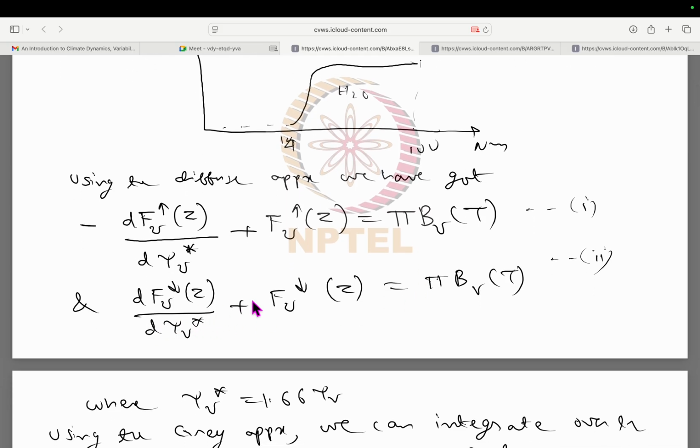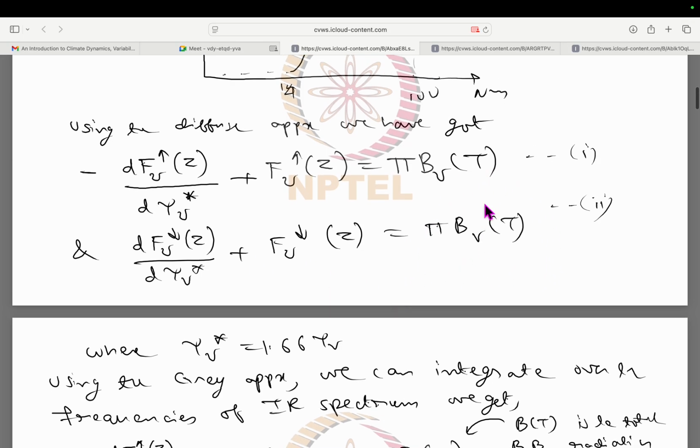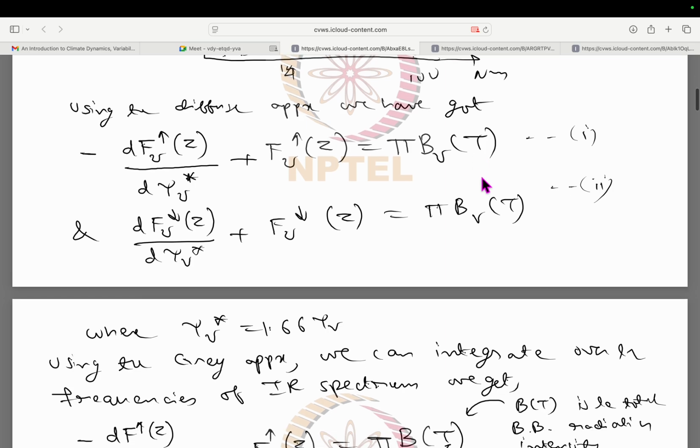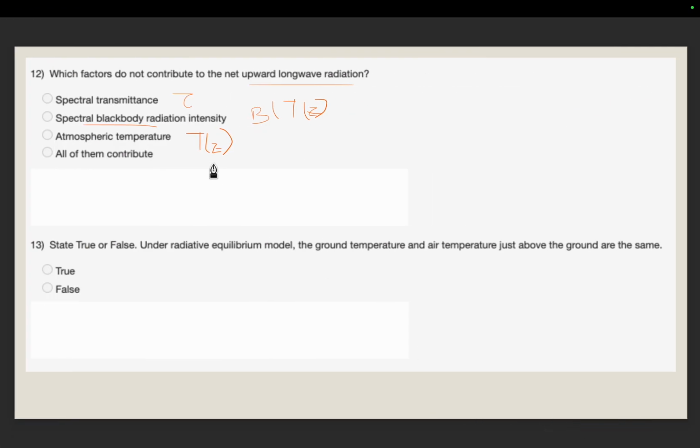Also how the downward flux changes has a dependence on the Planck function. So from these two equations itself, it is evident that all these three factors, that is Tz, the black body intensity B at Tz, and also the spectral transmittance, which is included in the optical depth, all three contribute to F.